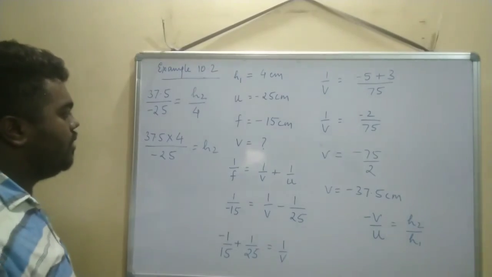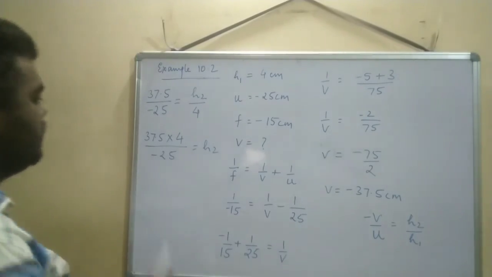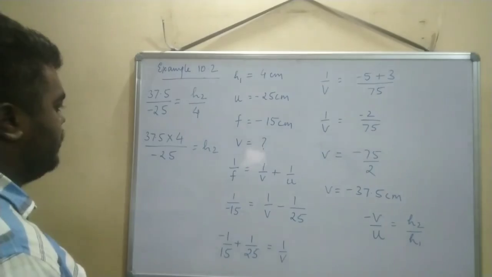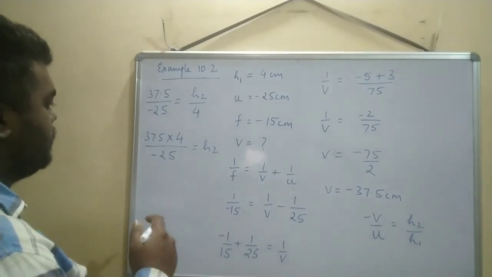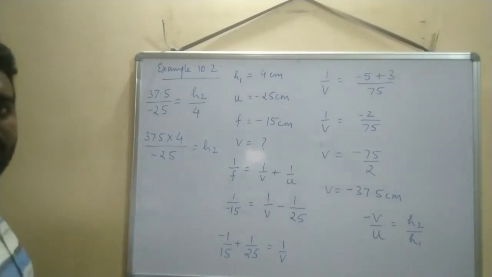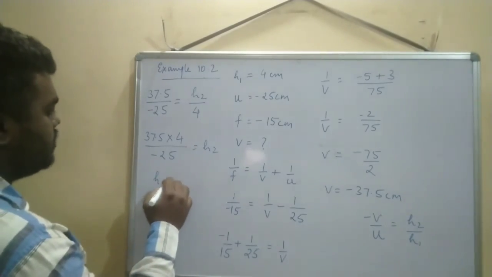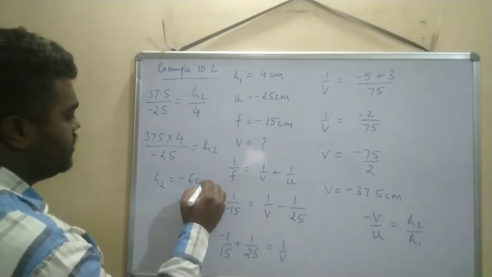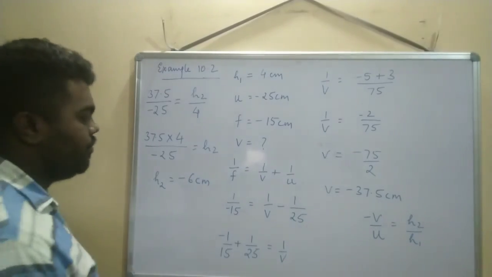When we solve 375 by 25, it is 6 times 4. So it comes out to be h2 is equal to minus 6 centimeter.